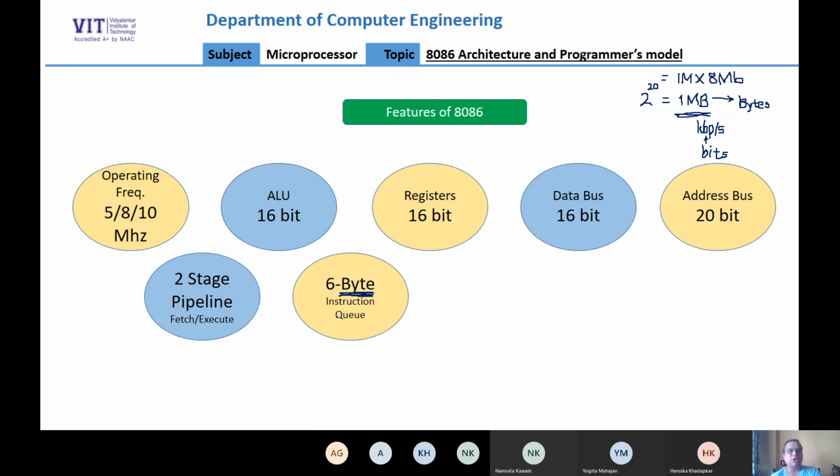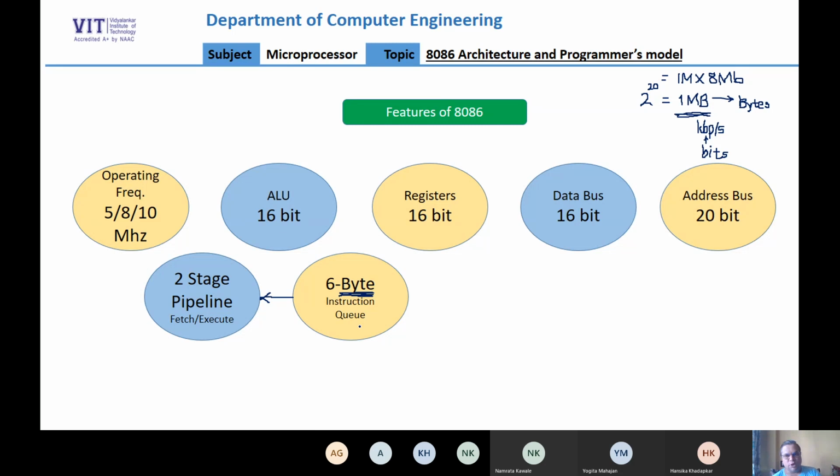This instruction queue is the reason because of which the 8086 processor can perform pipelining. If this instruction queue is not there, then pipelining is not possible. Why? Because this instruction queue acts as a temporary location where the processor can save the instructions fetched ahead of time.